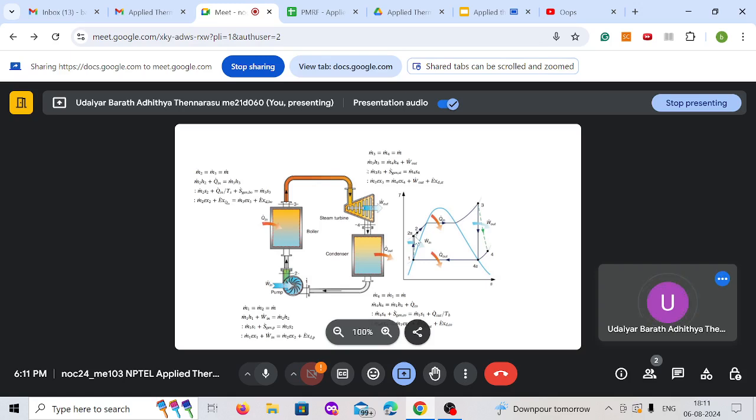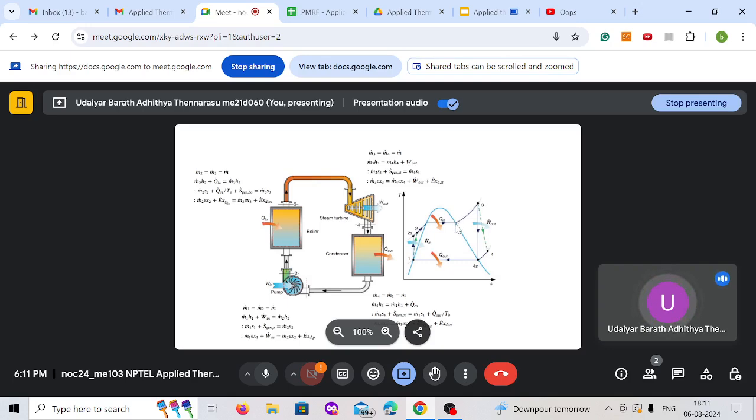So it makes better sense to have a saturated liquid pumped to higher pressure. So you're pumping that to higher pressure, and then you add heat to first convert it from a subcooled state to saturated liquid, and then there's a phase change to saturated vapor, and then you superheat it to some state 3.